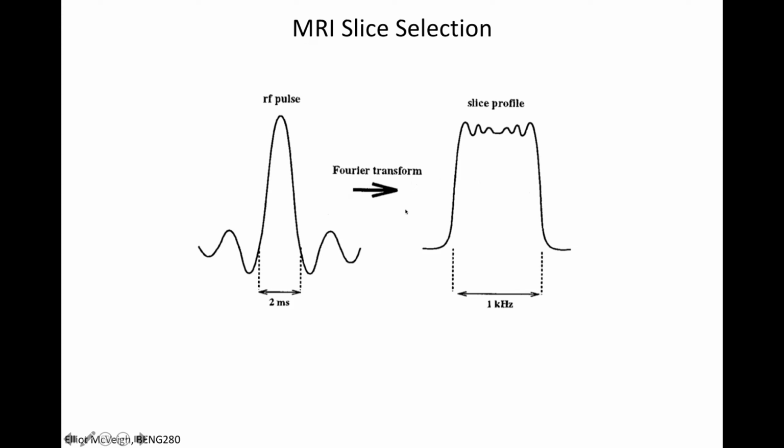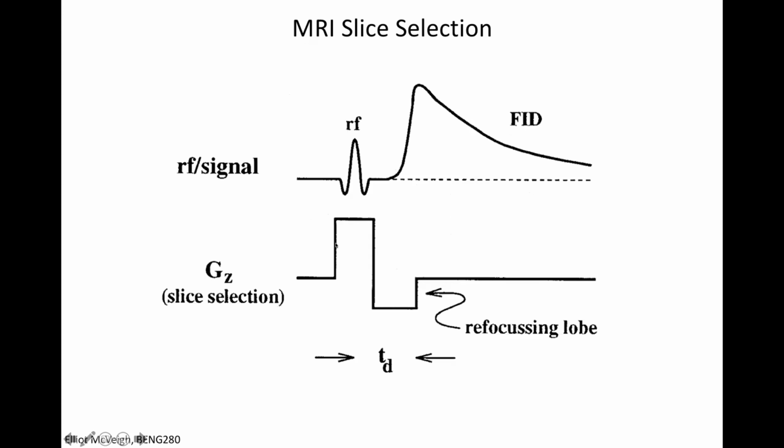So if we show how this works with a pulse sequence diagram, this is a pulse sequence diagram. We're going to see more and more complex versions of this. This is time in this direction. And this is amplitude of the Z gradient, this is amplitude of the RF, and this is the received signal, or the free induction decay. So we'll switch on our Z gradient.